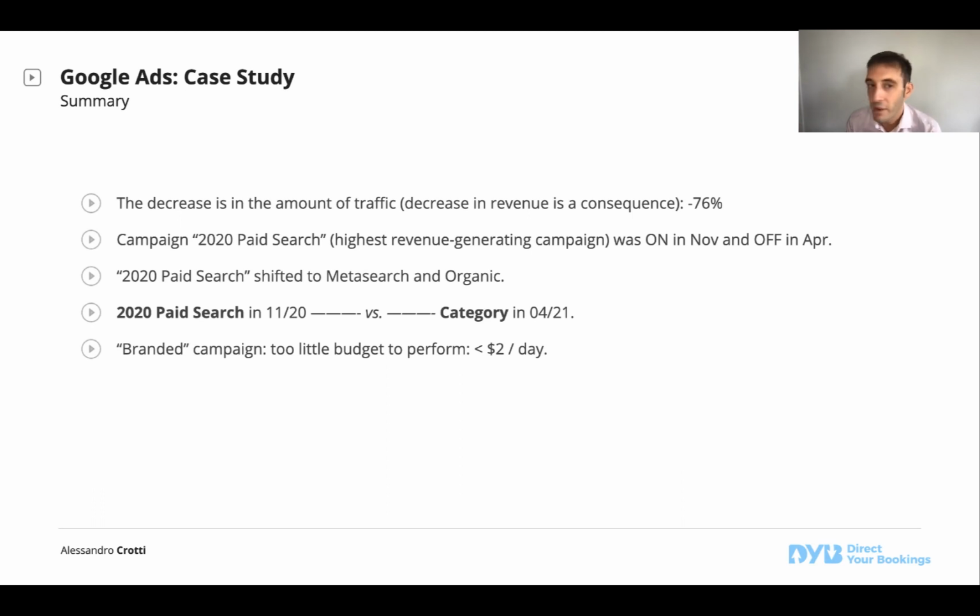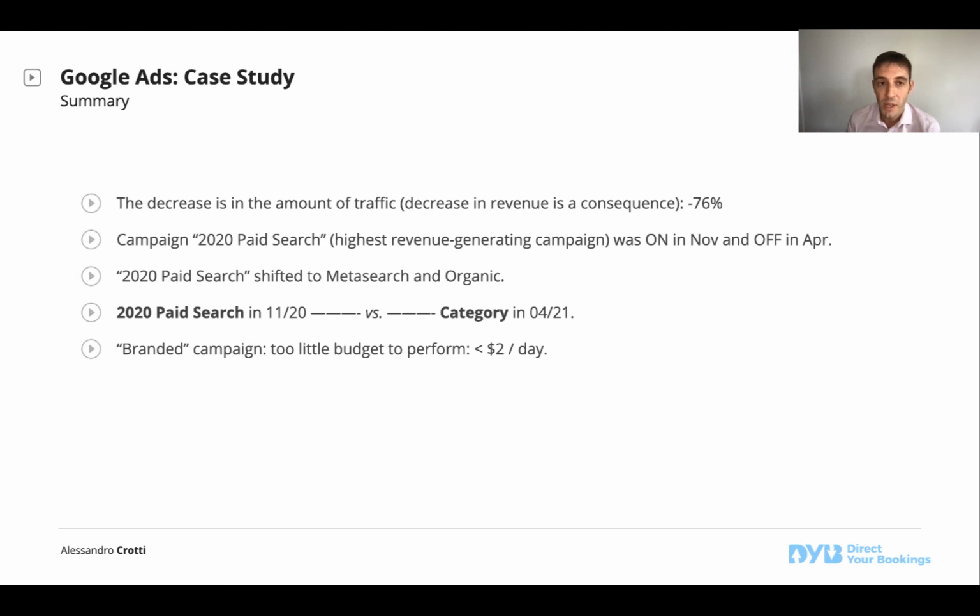And this is the very end. So summary, the reason for the decrease in the amount of traffic, and as a consequence the decrease in revenue, right? Campaign 2020 paid search, the highest revenue generating campaign back in November, was off in April.